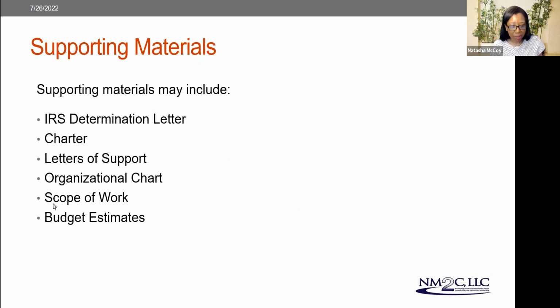We talked about supporting materials, especially as a nonprofit. Many times you're going to be asked to provide a copy of your IRS 501c3 letter. Make sure they know you're actually an IRS federally recognized nonprofit agency. If you're a government agency or an affiliate of a national organization, they would like to see a copy of your charter.